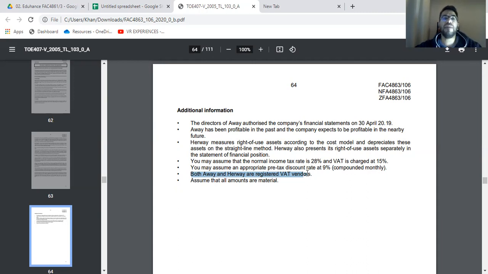The economic life comes to an end at 10 years. So once again, Herway has actually all of the economic life, and as a result, that would make it a finance lease. So from Away's point of view, it would be a finance lease.